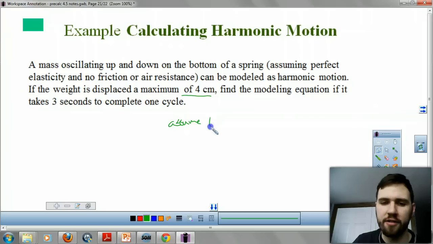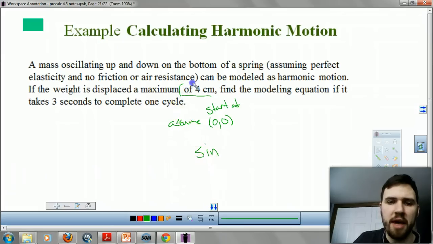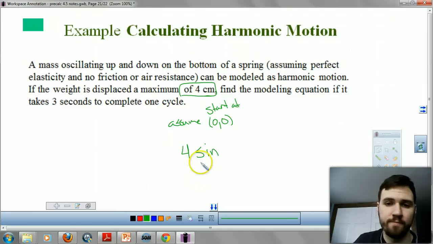Assume we start at 0, 0. So that means we're going to have a sine graph, right? This maximum 4 tells me that's going to be my amplitude. Now, the fact that it takes 3 seconds to complete one cycle tells me that's my period.